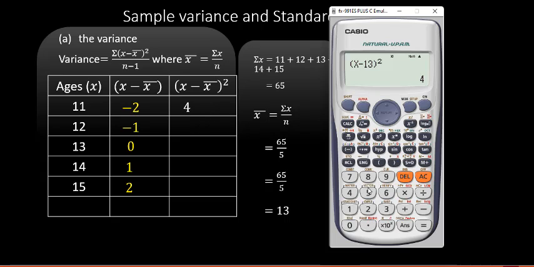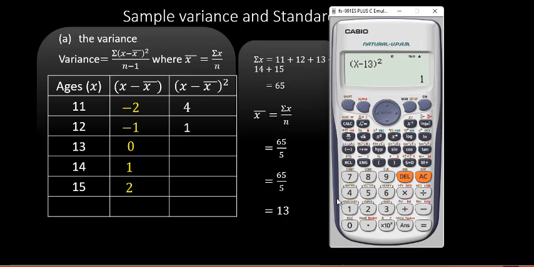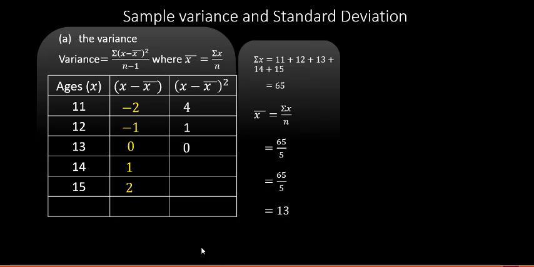Next, I'll press calculate once more and type 12, and that's going to give me 1, because the square of negative 1 is 1. So you put that there as well. Then press calculate once more, then press 13. What do you get? 0. So you substitute that 0 there as well.